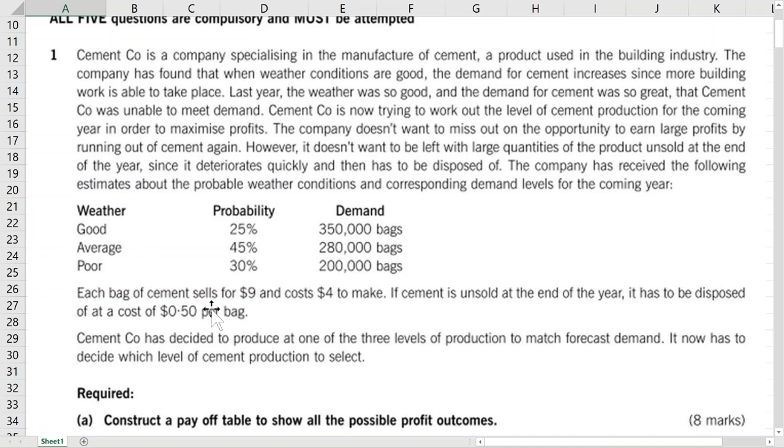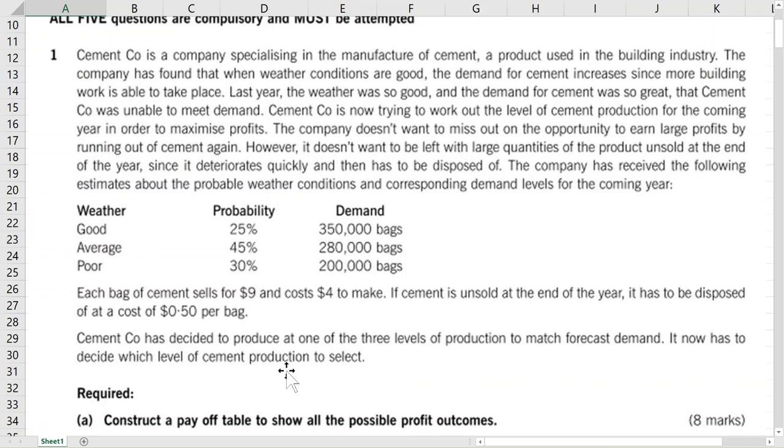Each bag of cement sells for 9 and costs 4 to make. If cement is unsold at the end of the year, it has to be disposed of at a cost of 0.50 per bag. Cementco has to decide to produce at one of the 3 levels of production to match the forecast demand. It now has to decide which level of cement production to select.